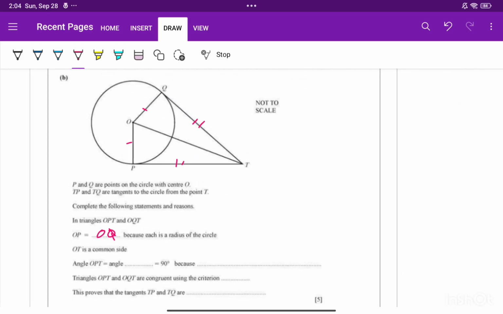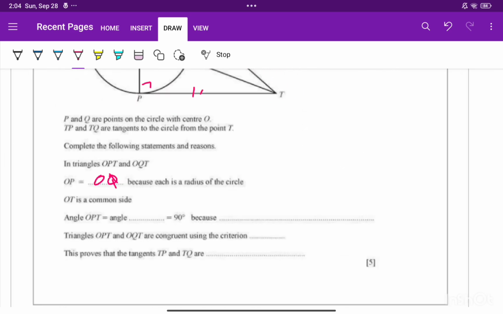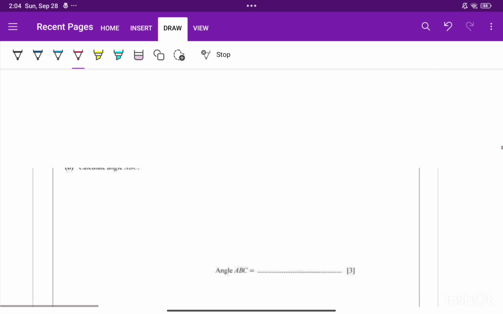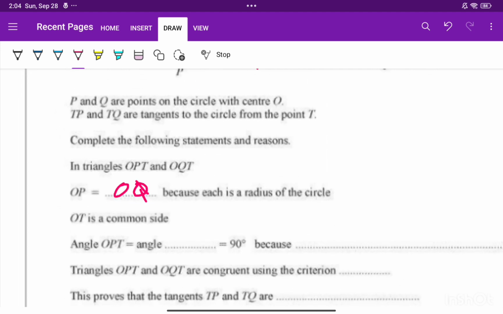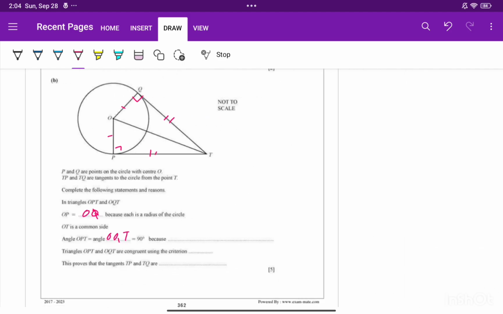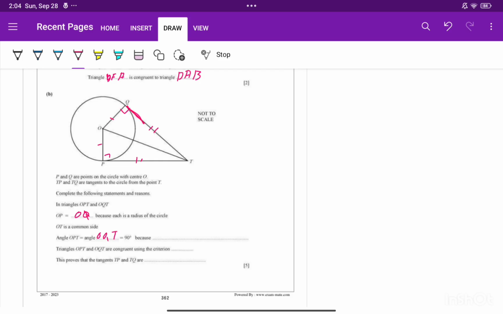Angle OPT is equal to angle OQT. The reason behind it is because the tangent is always perpendicular to the radius.